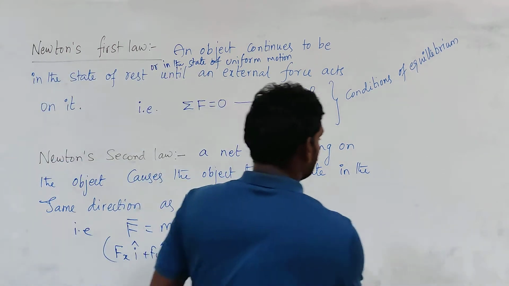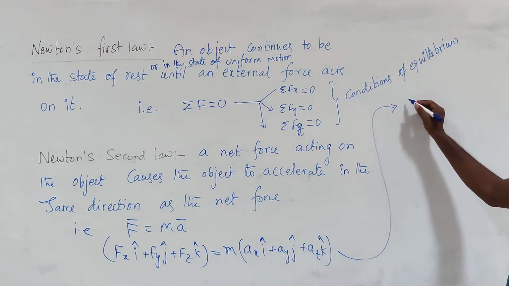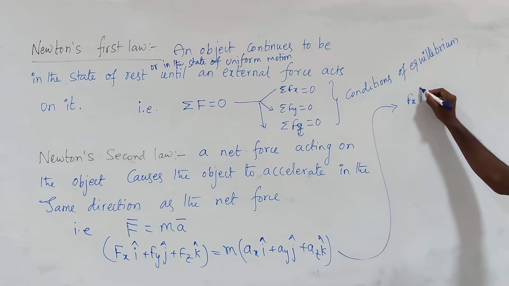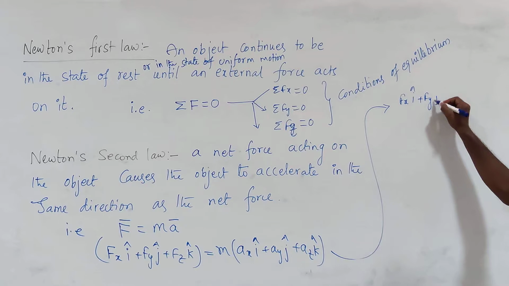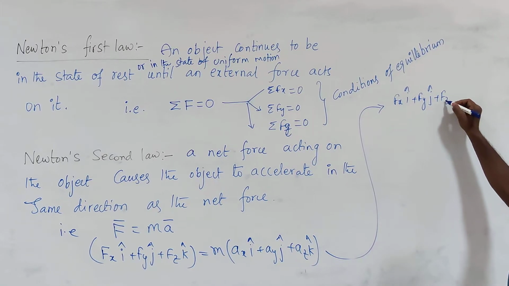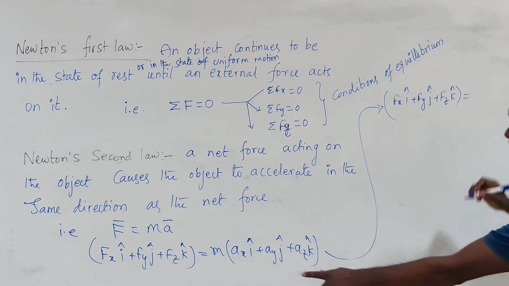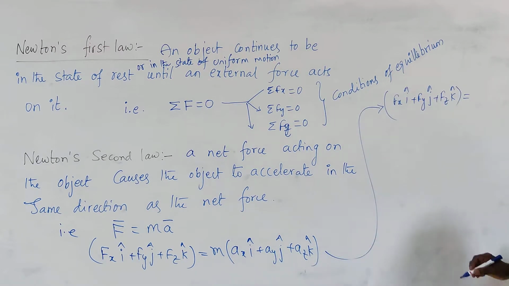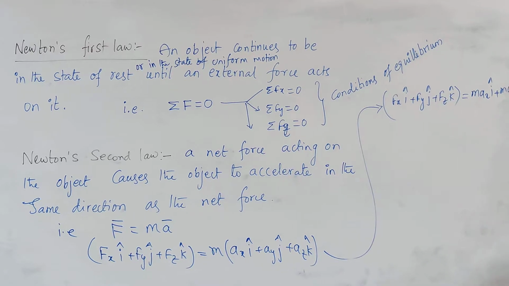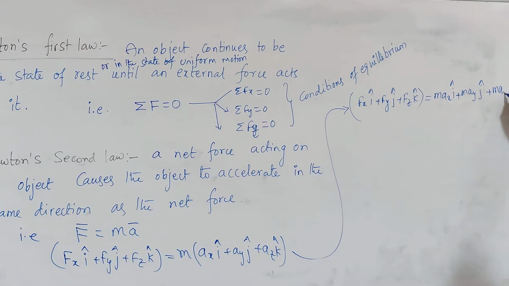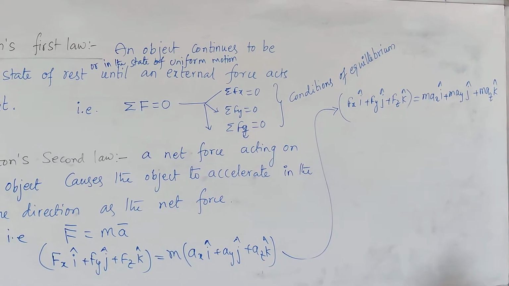Now I am simply writing it as Fx i plus Fy j plus Fz k equal to mass multiplied inside. So max i cap plus may j cap plus maz k cap.